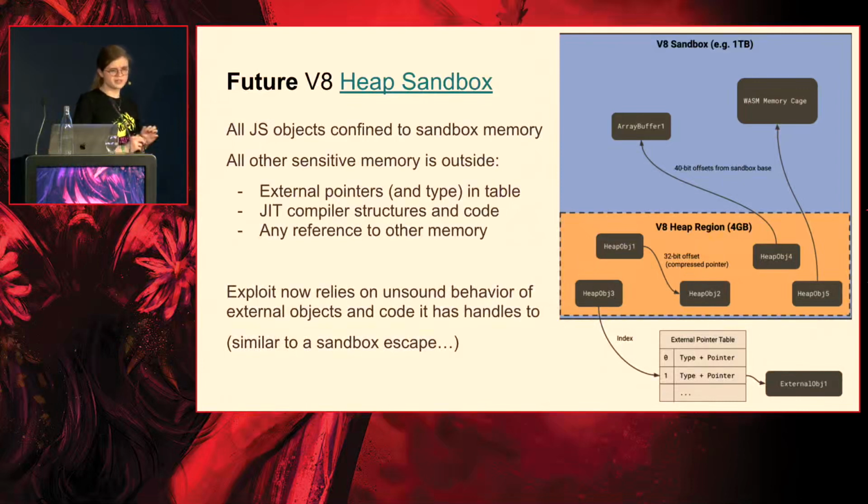And what you're going to have to do is try to find other behavior somewhere in the browser, which you can poke at through these handles or these indexes in the table. Which, when you think about it, is kind of like what you do for a sandbox escape. Hence the name Heap Sandbox. It's trying to create another layer of security around the JS compiler.